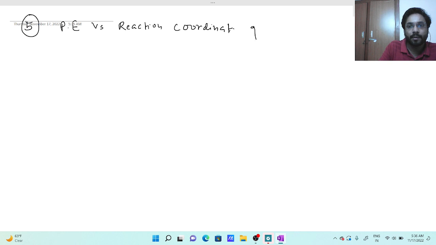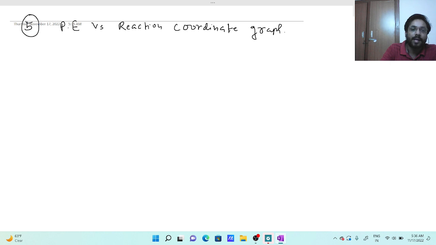So potential energy versus reaction coordinate graph, I would like to discuss over here. Let us understand what was happening.